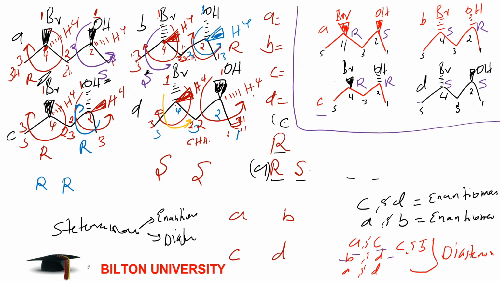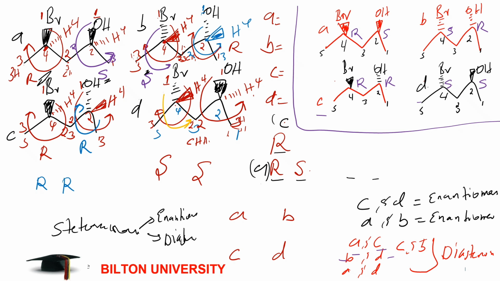So also you can look at C and B. If you look at C and B, carbon number 4 is S in B and it is R in C, so that one has changed, but carbon number 2 is R in C and it is R in B, so it has not changed. Look at also A and D. Let's look at carbon number 4.